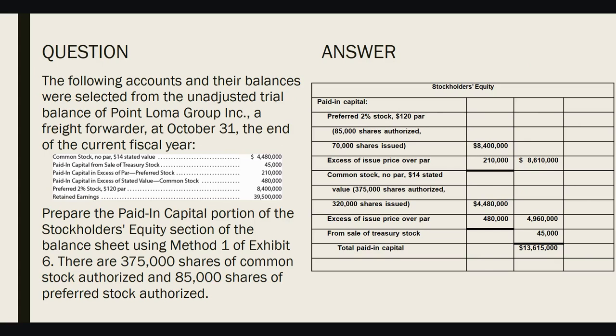So here we want to take a look at what our transactions do and how they reflect or look on our balance sheet. So they give us some information here. And here we see the stockholders' equity section of the balance sheet.